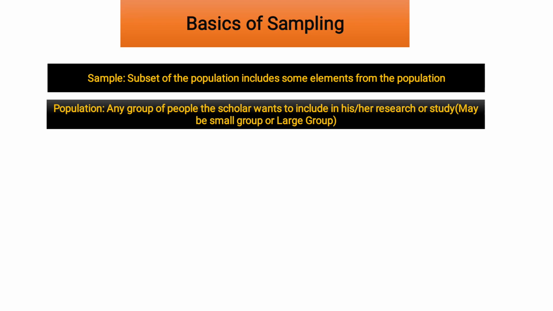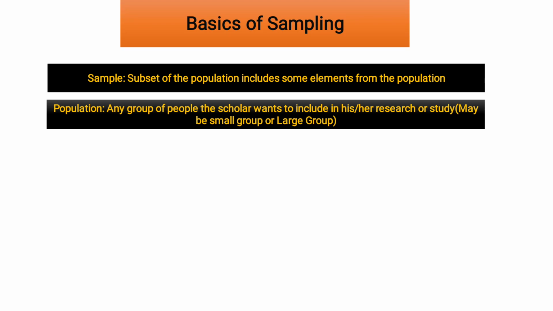Population means any group of people or units the scholar wants to include in his or her research, or in his or her study, and this population can be a small group or a large group.